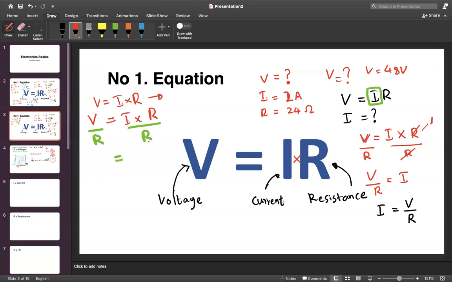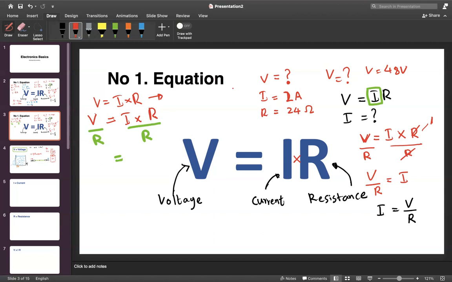Now this is R and R. What happens when you divide R from R? Let's take a normal number. If we take R as 4, what is 4 divided by 4? What happens when you divide 4 by 4?